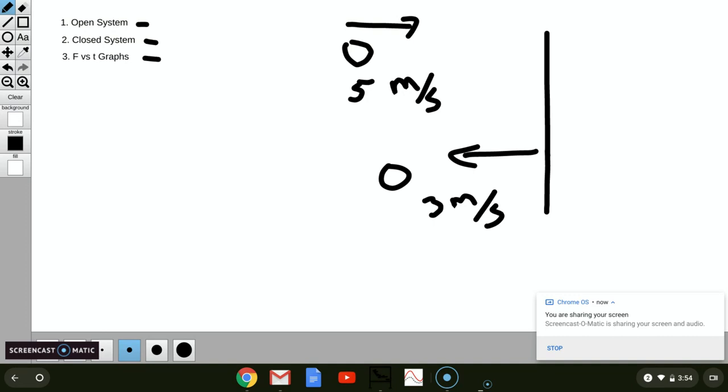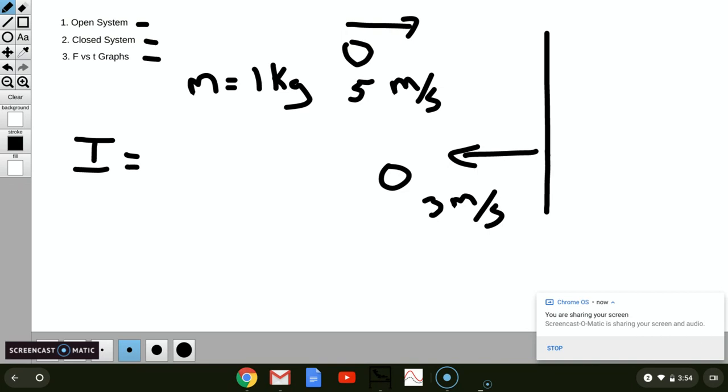And we're going to say the mass of the ball is 1 kilogram. Let's say I want to calculate the impulse that the wall imparts on the ball.